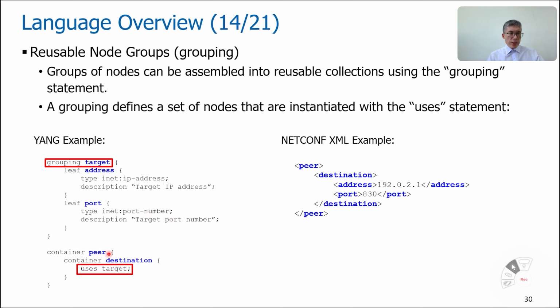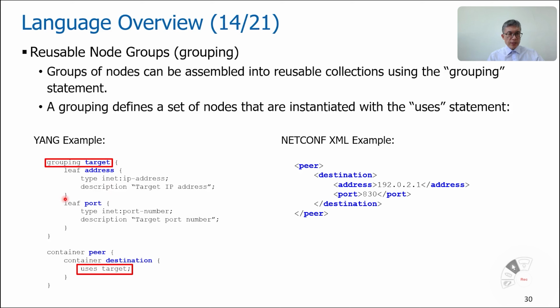And then here we make the instantiation. So the container destination uses it. The type is the target grouping. This leaf address and port is embedded, so we don't repeat this type.